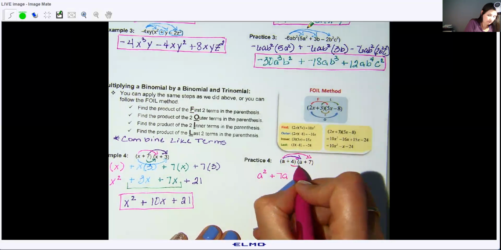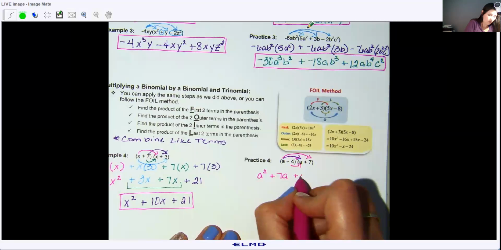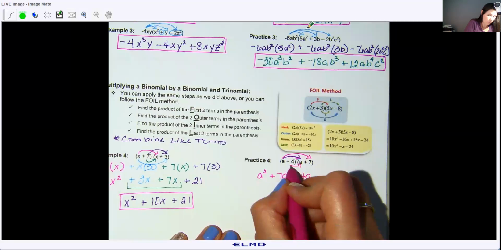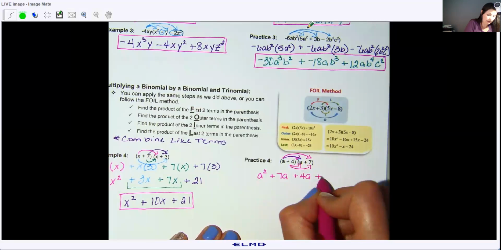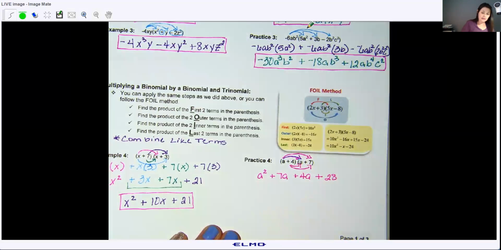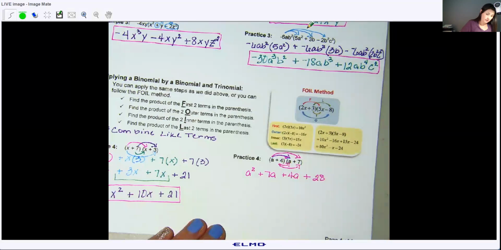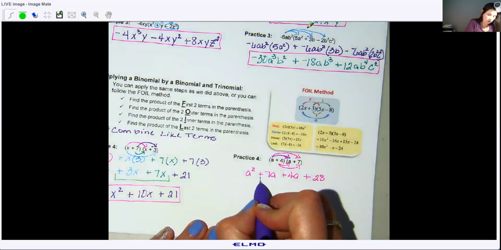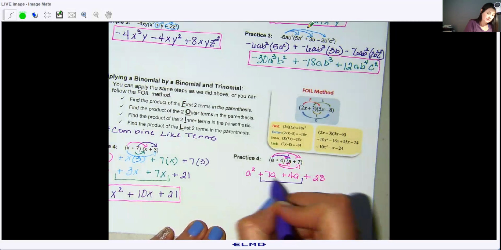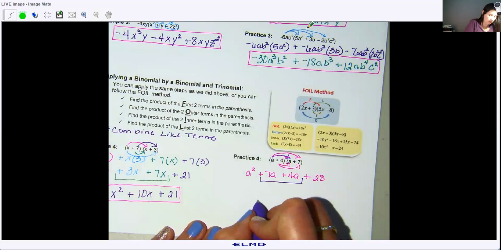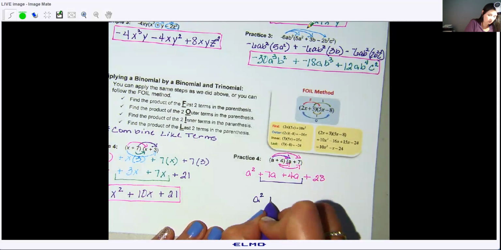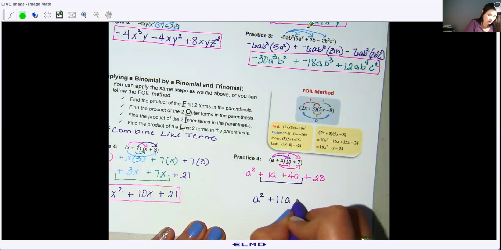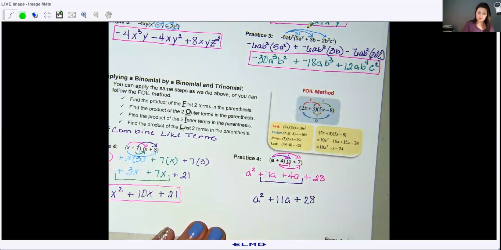Then 4 times a, which is 4a. And then 4 times 7, which is 28. Okay, and so then you are going to combine like terms. 7a plus 4a is 11a. So we end up with a squared plus 11a plus 28.